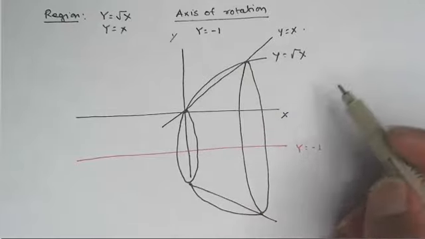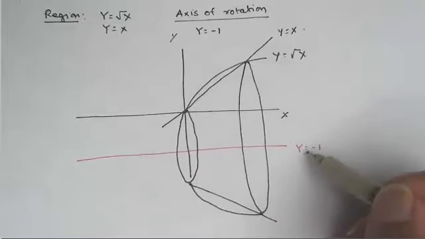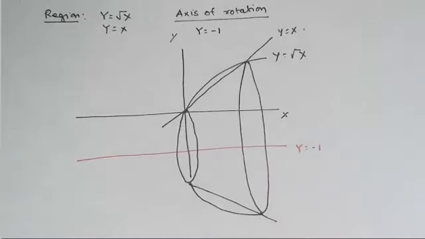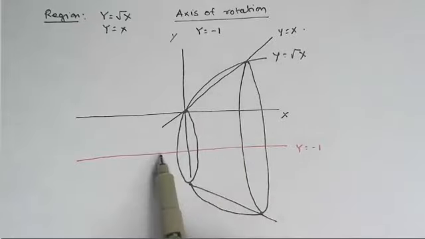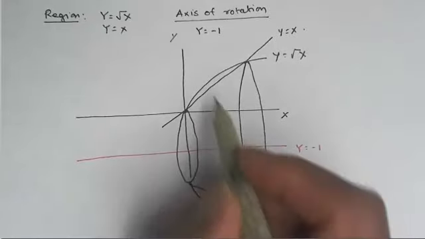And what's different about this example is my axis of rotation is parallel to the x-axis, but the procedure is the same. So to construct the cylinder, we draw a line through the region that we rotated parallel to the axis of rotation.